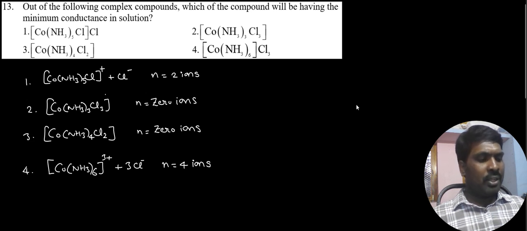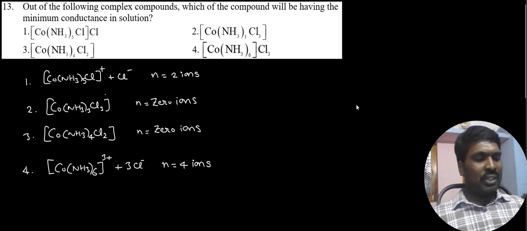First one we can ionize as [Co(NH3)5Cl]2+ plus Cl minus, so n equal to 2 ions. Second one, no counter ionic part, so it is a neutral complex, 0 ions. Third one also no counter ionic part, it is also having 0 ions.